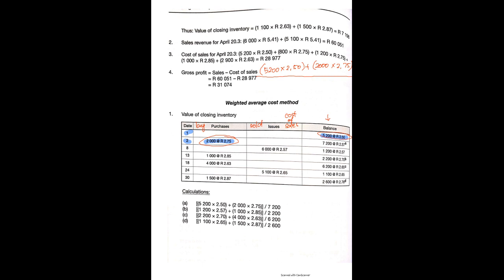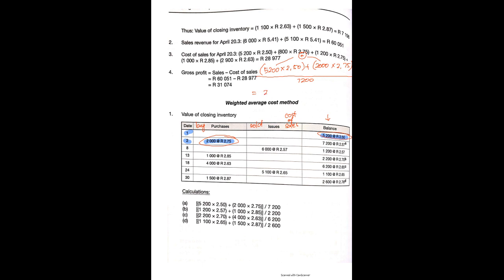There were 5,200 units, you now purchased 2,000, so collectively 5,200 plus 2,000 gives you 7,200 units now collectively available to be sold. So 7,200 units is your denominator. This now gives you the weighted price, so this would give you 2 Rand 57 as your new weighted price.